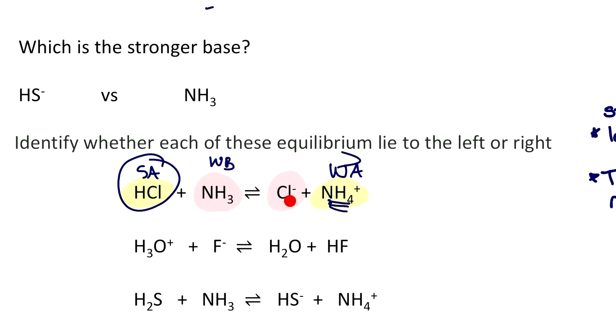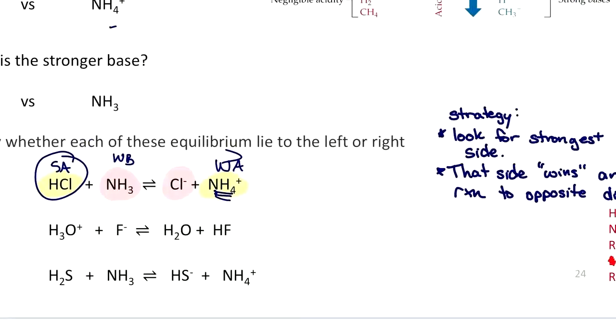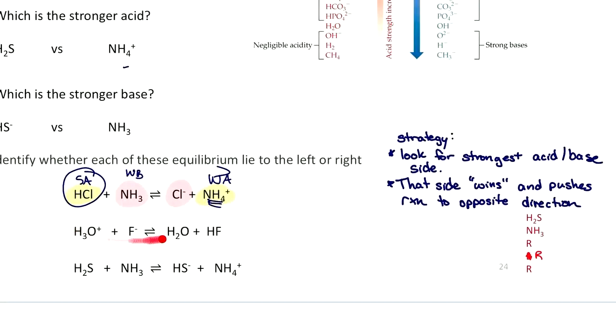But is chloride a base at all? It is not. It is a pH neutral salt. So ammonia wins here in terms of basicity as well. But I always try to look for the strong things because that's just easiest for me. So both of those will work. Okay, so then this one, sorry, I had a mistake in there. Even this is tricky for me. Again, look for the strongest thing, either the acid or the base, and then that pushes to the other side.